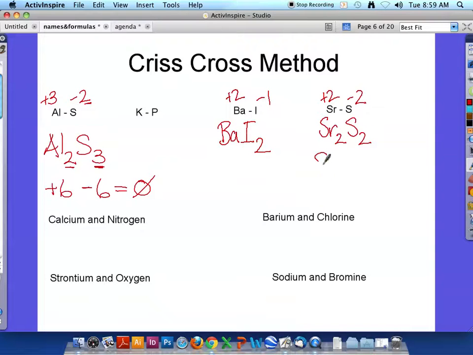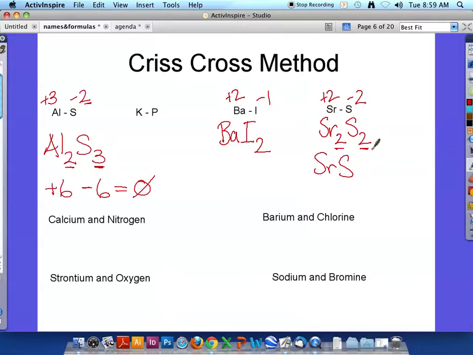Right, it is just SrS, because this 2 cancels with that 2. Okay, so 2 and 2 are the same as 1 and 1. So it's accepted to write it like this. This is unaccepted. You don't want to put those 2s there, even though it means the same thing. You would have to reduce your fraction in math, correct?